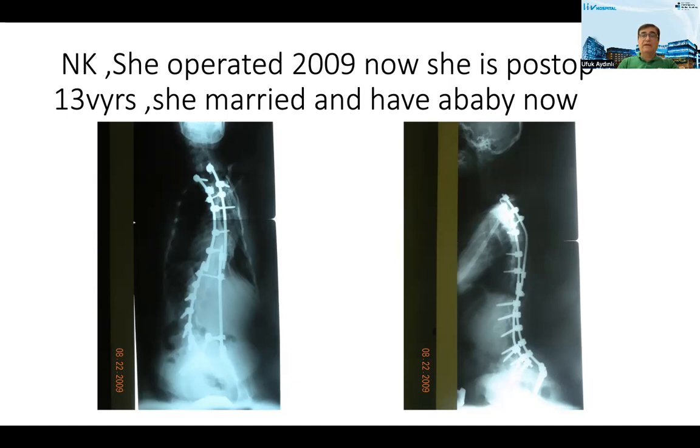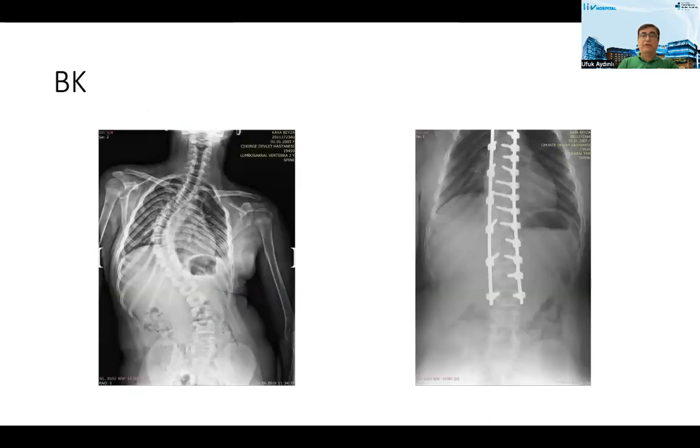So yes, we know neuromuscular scoliosis is a lot different than idiopathic scoliosis. It takes so much time and needs a big effort, not only by the doctor, but also by the patient, caregivers, physical therapist, and the whole family.